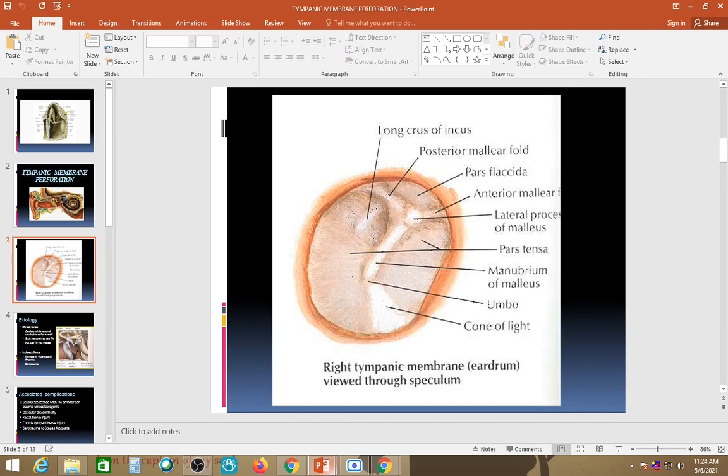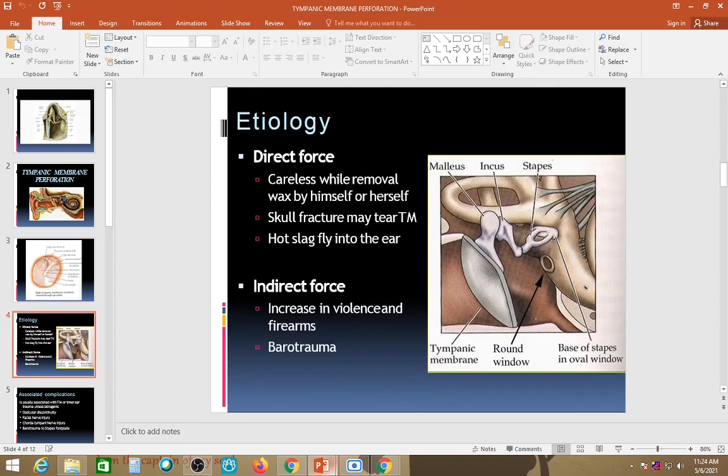See the right tympanic membrane, the eardrum viewed through the speculum. You have seen in the OPD that some doctors examine the ear through the speculum. Yes or no? Yes, ma'am.